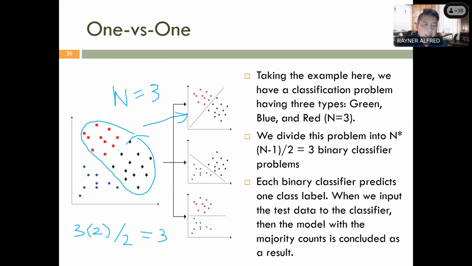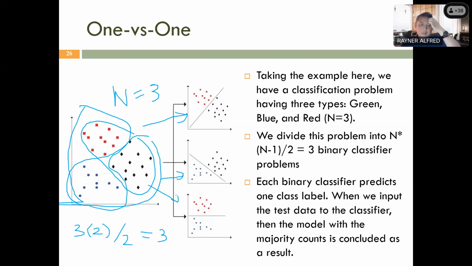And then we take this, we get this one. And then lastly, we get this one for this one. Okay. So we have 3 models here. This is no problem because we are able to draw the line.